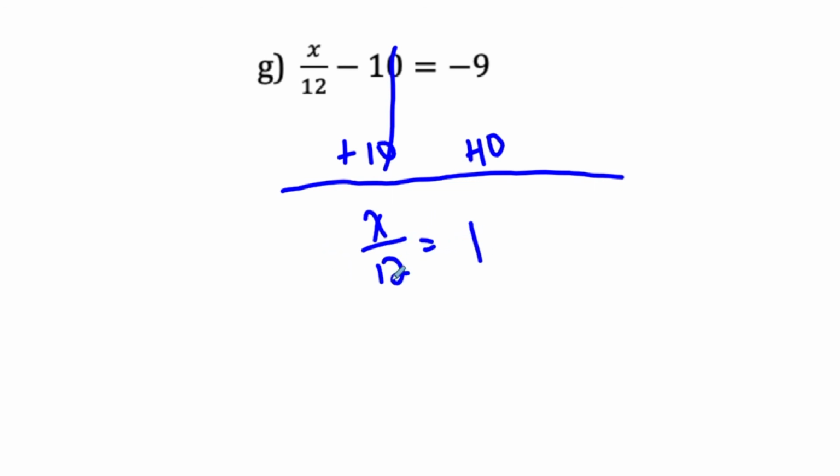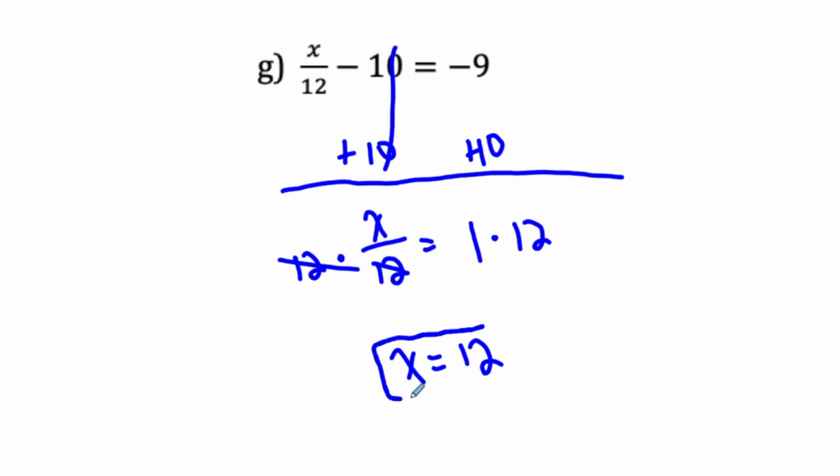Again, x is being divided by 12, so we will do the opposite and multiply. Whatever we do to one side, we have to do to the other side. We have to keep this equal. So the 12s here will cancel, so I'm left with x. 1 times 12 is just 12, so my final answer there is 12.